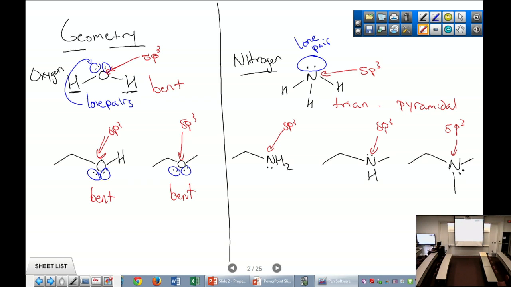So around that oxygen, you're going to have a bent geometry. If I replace the hydrogen of the alcohol with a carbon, now I have an ether. Again, my oxygen is sp3 hybridized. I've got two lone pairs, so again, my geometry around that oxygen is bent.